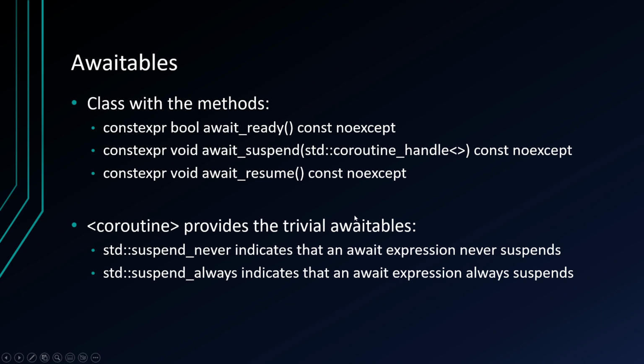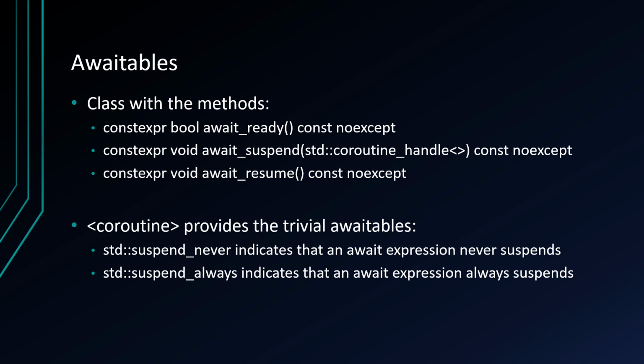Most of the time, if you're dealing with low-level coroutines, as we're talking about today, you won't need to write your own awaitable. Most of the time, you just use two trivial awaitables that are provided in the coroutine header: suspend never and suspend always. Suspend never indicates that the await expression never suspends, so you call co-await on suspend never, and it just immediately returns.